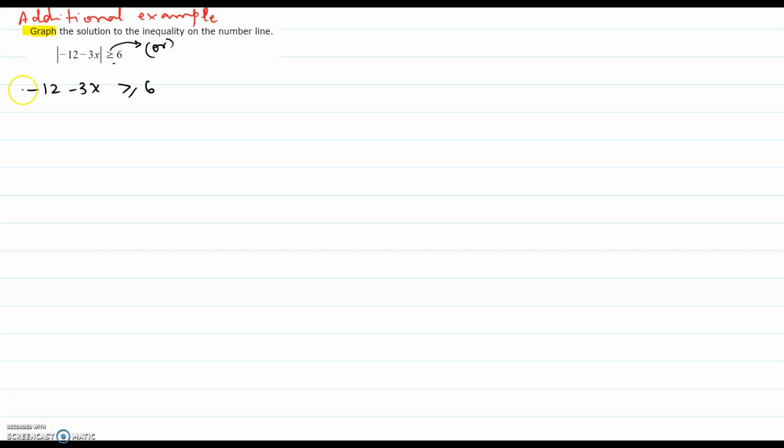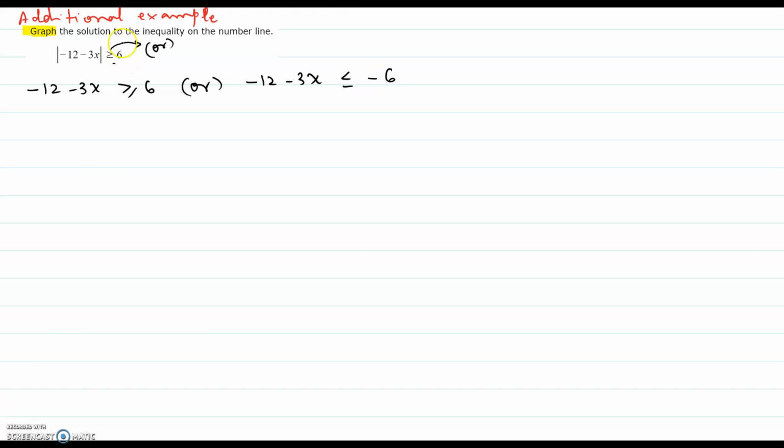All we have done is remove the absolute value sign, and then you connect with the compound inequality or, then remove the absolute value sign, reverse the inequality. So greater than or equal to will become less than or equal to, then also change the sign.